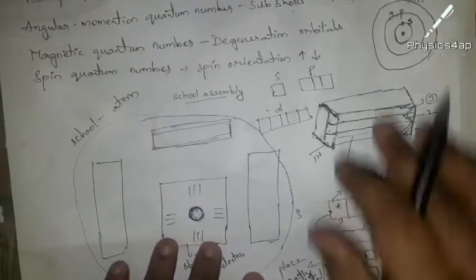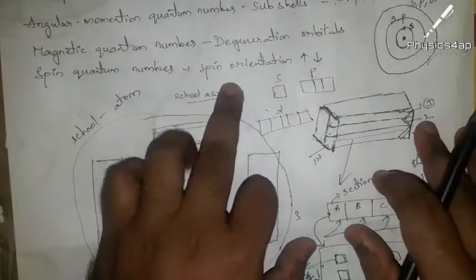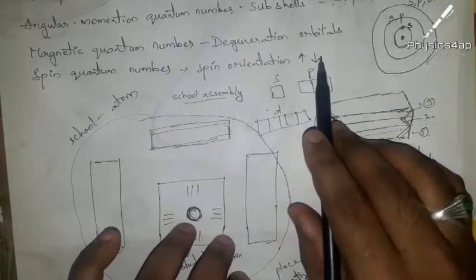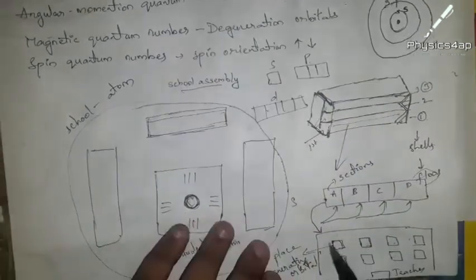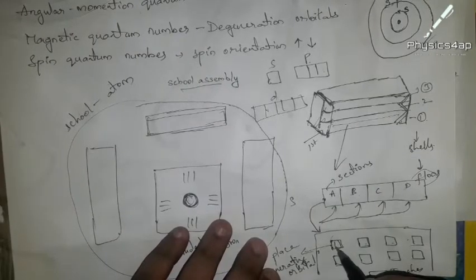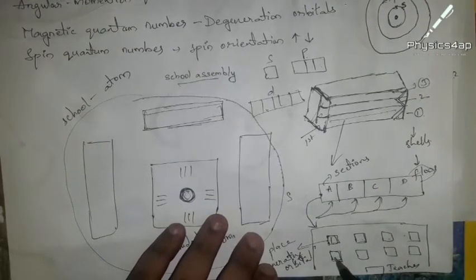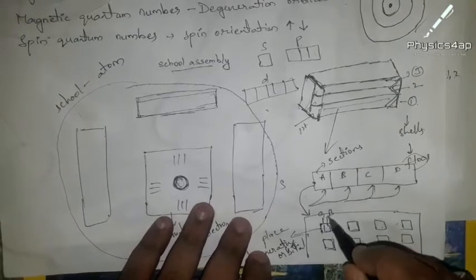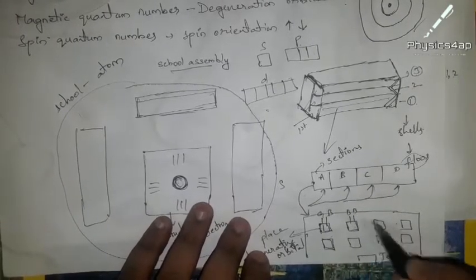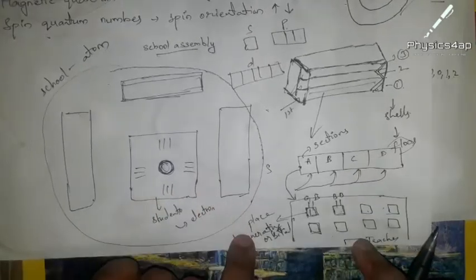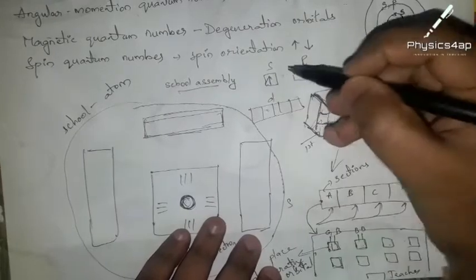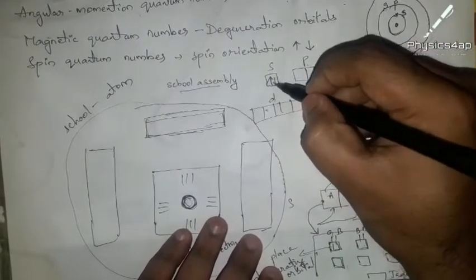And last but not least, we have the spin quantum number, that is the arrangement of the electron, up arrow mark and down arrow mark. Like the arrangement of your seating on each bench, some schools arrange one girl and one boy, or 2 boys. So we make them sit in a perfect arrangement, right? The same here: in the S orbital, 1 electron up, 1 electron down.